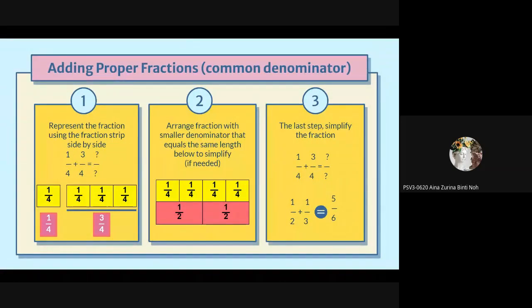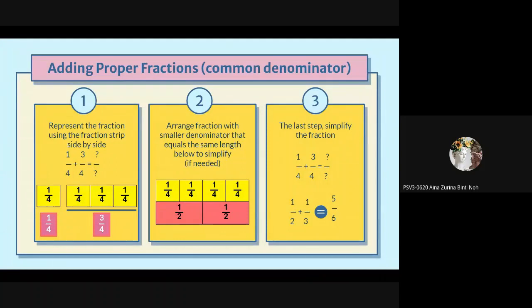Then the teacher will arrange the fraction with a smaller denominator to represent that 4 parts of 1/4 is actually equal to 2 parts of 1/2. The last step is that the student learns how to simplify the fraction.